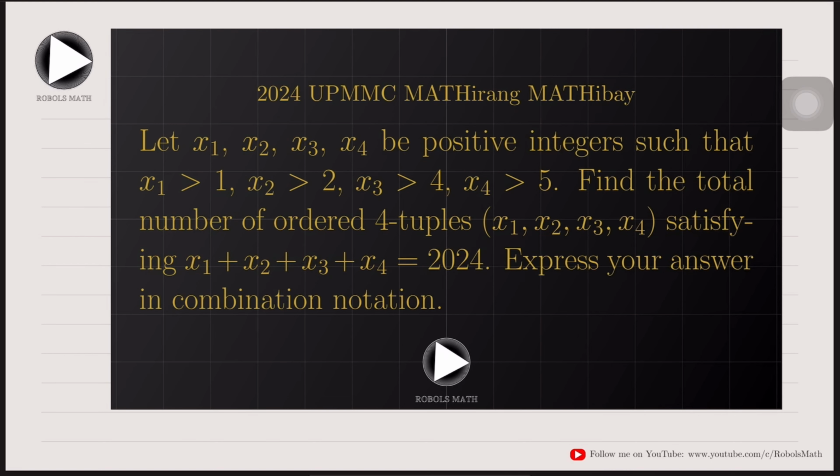The solution for this one is quite straightforward if you're familiar with the method of stars and bars, also known as the urns and balls or the sticks and stones method. I did a video about it a couple of years ago.